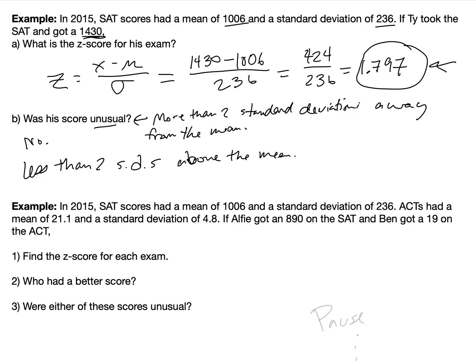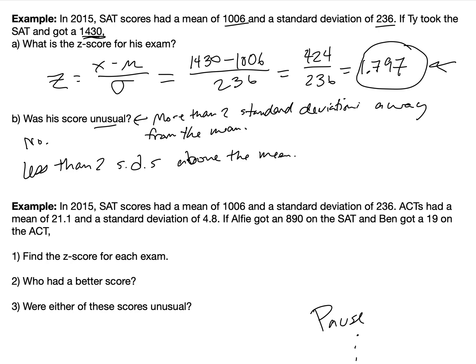So if Alfie took the SAT and got an 890, and Ben took the ACT and got a 19, then I'd like you to find the z-score for each exam, try to figure out who had a better score based on that, and then answer, were either of those scores unusual? So pause and try that out, and we'll talk about it in just a moment.